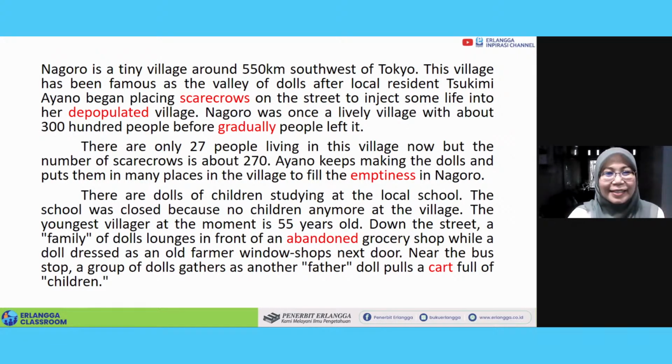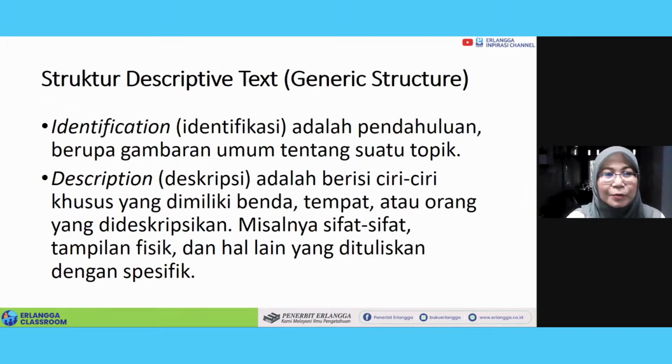Okay, I hope you enjoy the text because the text is very interesting. Okay, now let's continue. If you want to write a descriptive text, there are things that you need to learn, and it is very easy and not complicated. The first is that you need to put an identification at the beginning of your text, sebagai pendahuluannya.